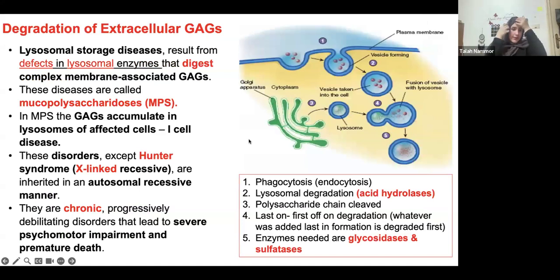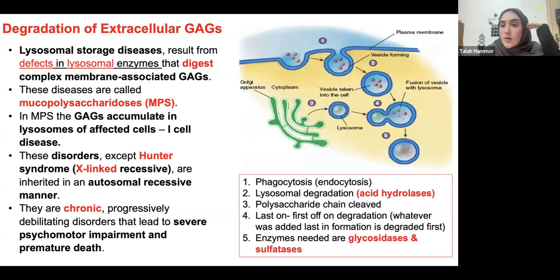Now, last but not least, the last thing that we need to talk about are the lysosomal storage diseases. And I know it's weird because we're talking about glucose, we're talking about glycosaminoglycans. Like, what do you mean lysosomal storage diseases?